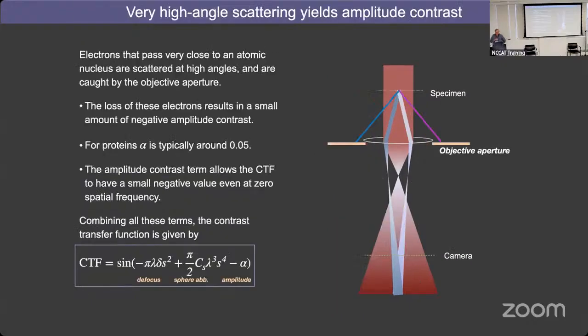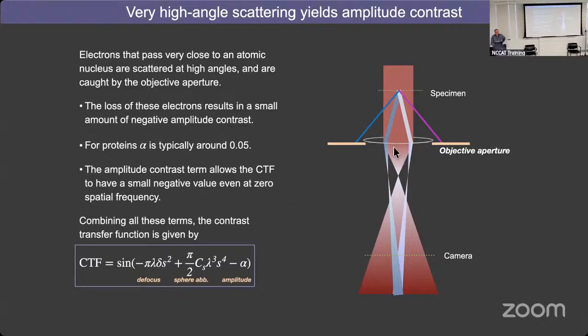Then there's another phenomenon that happens, which is your specimen has stuff in it that has atoms, and the atoms have nuclei, and even though these atoms are fairly light atoms, an electron can come by very close to the nucleus and get scattered by a big angle.